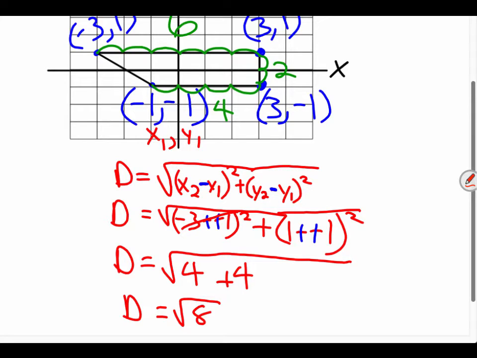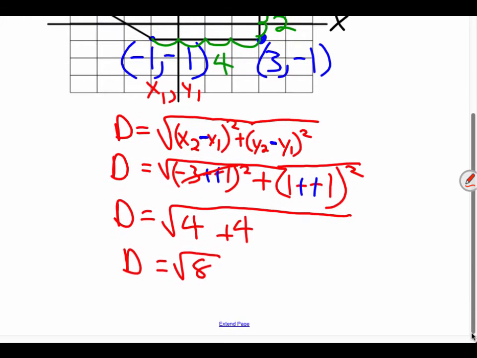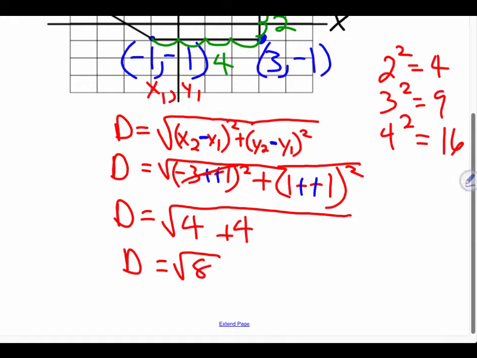Well, remember that when we reduce a square root, we look for perfect squares. So 2 squared is 4, 3 squared is 9, 4 squared is 16, and so on and so forth. But clearly, 4 goes into that. So I could think of this in terms of the square root of 4 times the square root of 2. That's one of the properties of radicals.